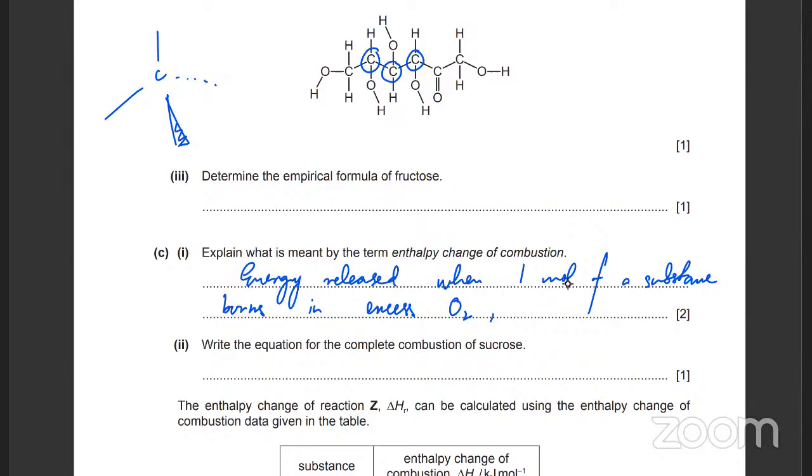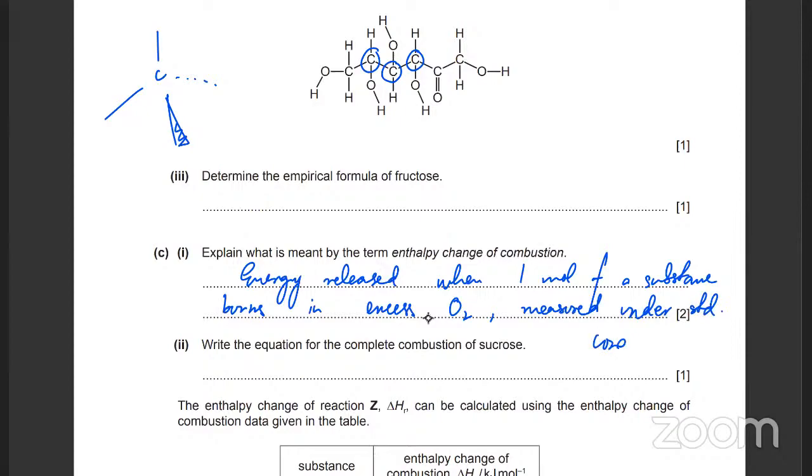Can't we say completely reacts with oxygen? Better to use the word excess oxygen. Okay, measured under standard conditions. Although they didn't use the word standard, so that's probably irrelevant over here.